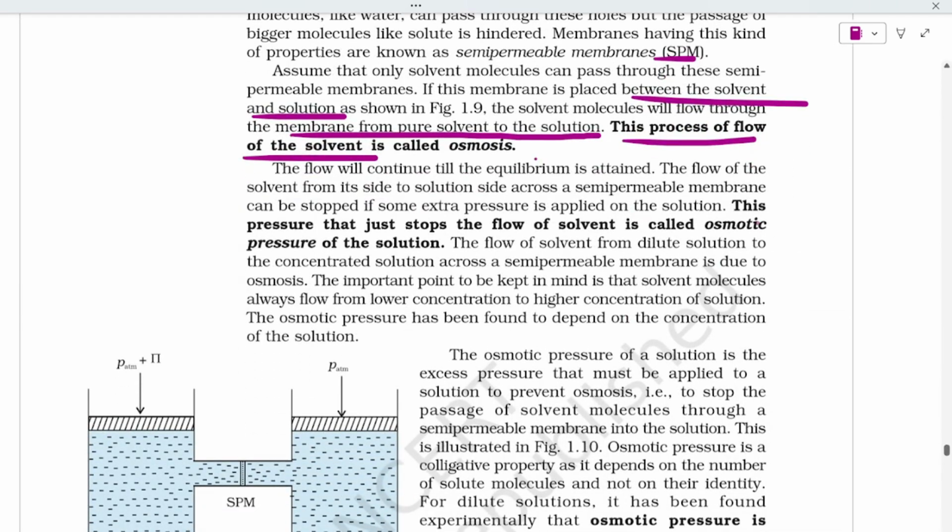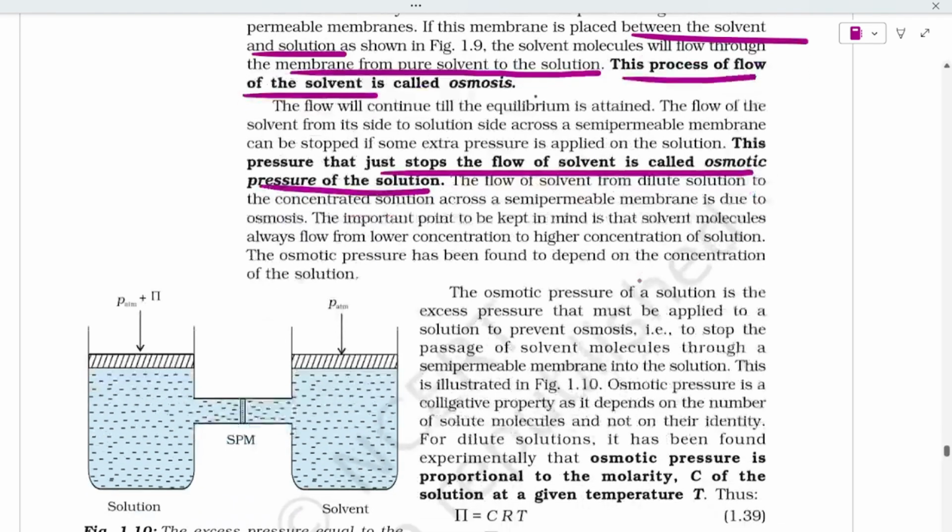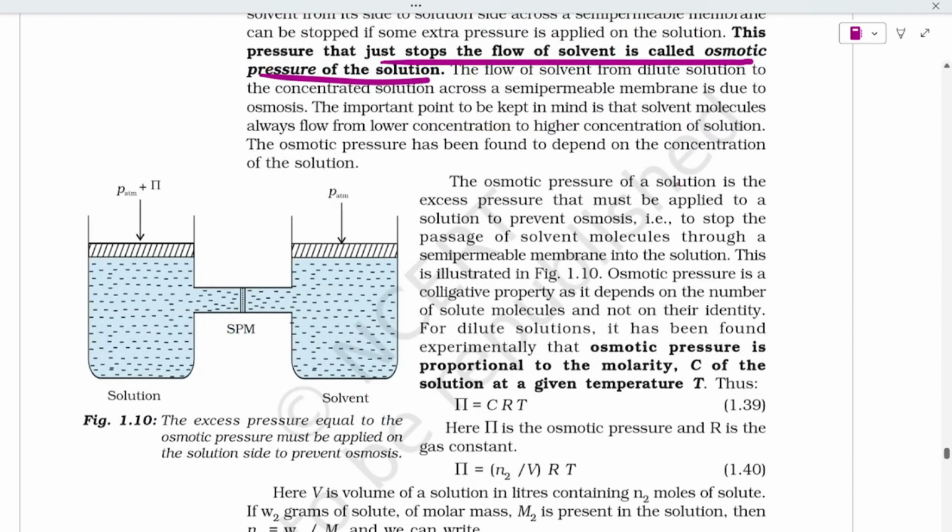The pressure that just stops this flow of solvent is called the osmotic pressure of the solution. The osmotic pressure of the solution is the excess pressure that must be applied to a solution to prevent osmosis.